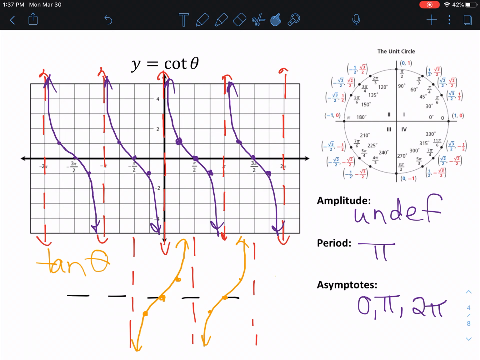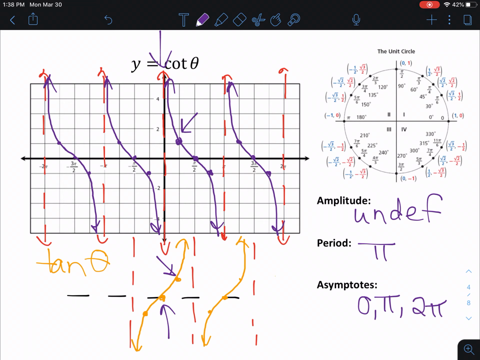In the tangent graph, where we see 0, that should be represented with an asymptote line right above there in the cotangent graph. So you'll see that throughout. And then when tangent is 1, the reciprocal of that would also be 1, so that's represented up there.